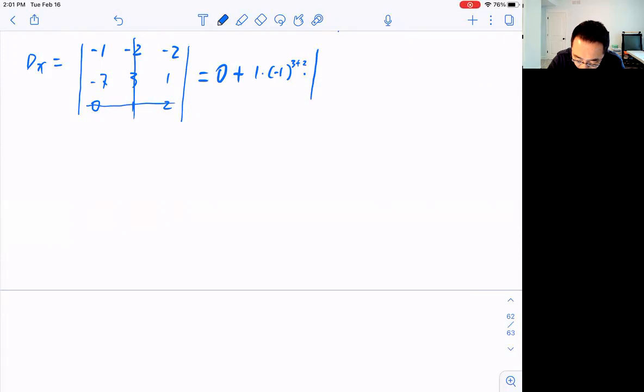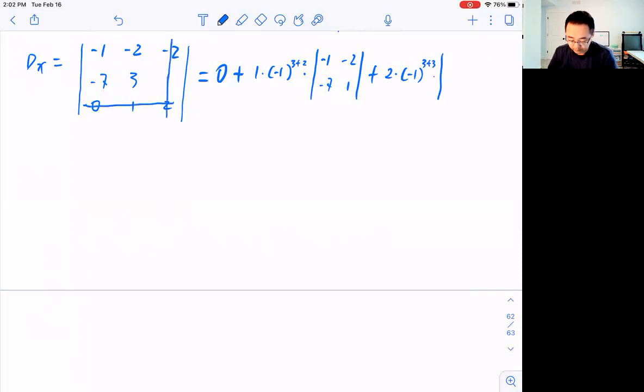So you have -1, -2, -7, and 1, plus the third element in the third row, which is 2 times -1 raised to third row plus third column power times the determinant of its minor, which is -1, -2, -7, and 3.